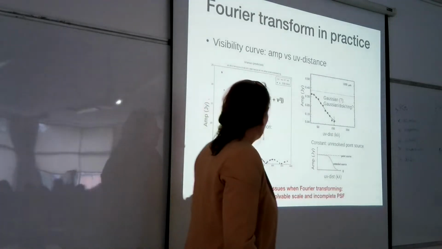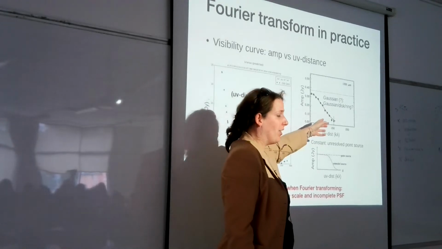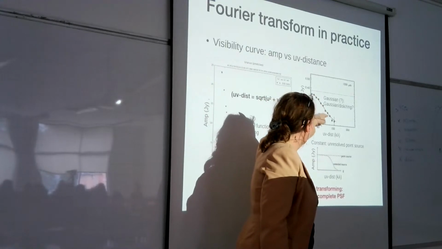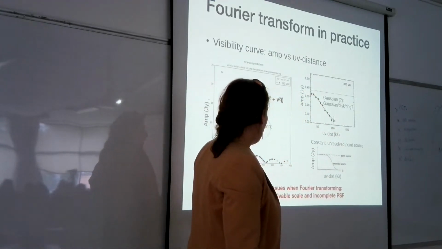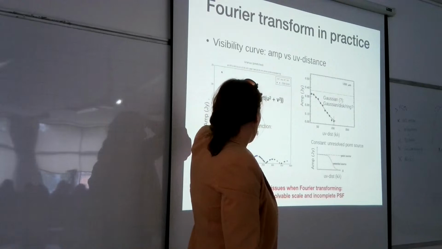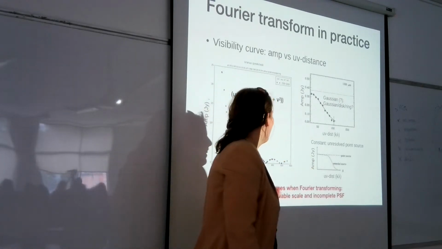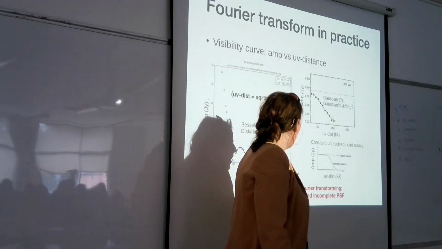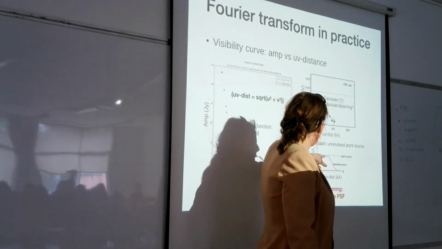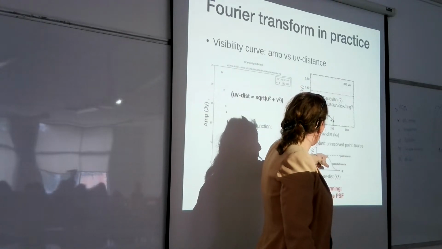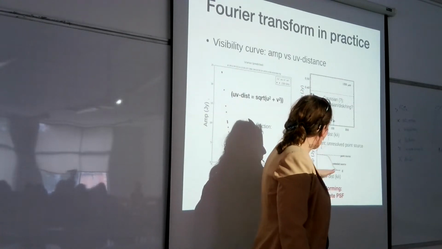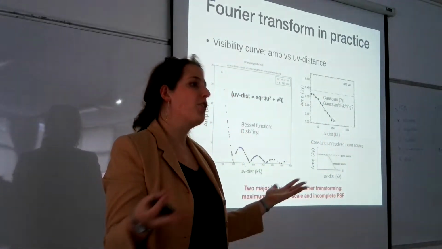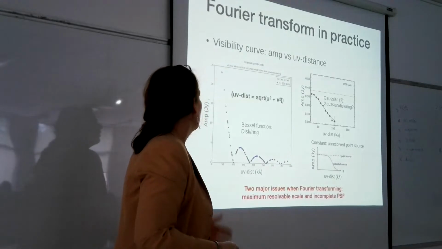Then we remember the Gaussian image, which in 1 dimension looks like a Gaussian curve. And for a constant, I didn't really have a good example, because almost everything we observe is at least somewhat resolved. But what you would see is that it would remain constant for a long time. Only if you go to very, very long baselines, so very high resolution, will you start to resolve your source, and that's why this signal will go down.